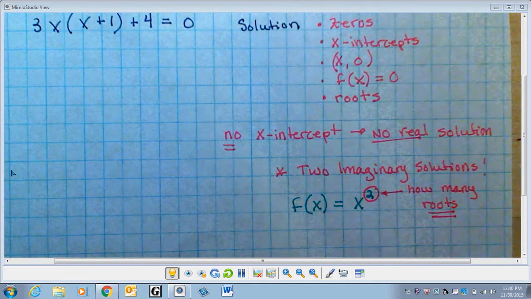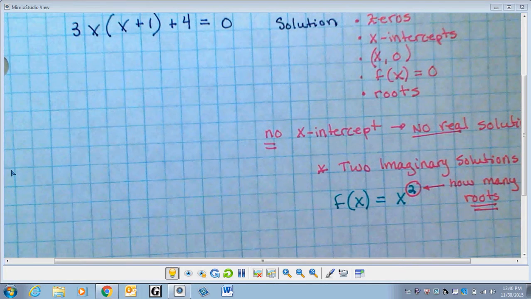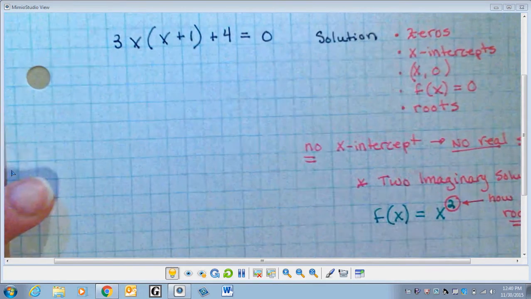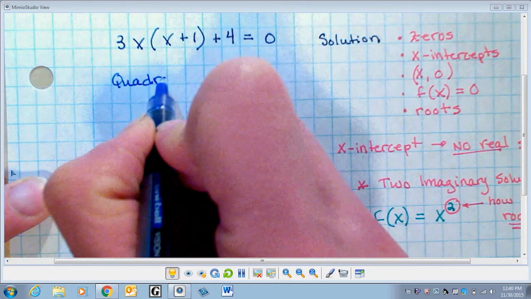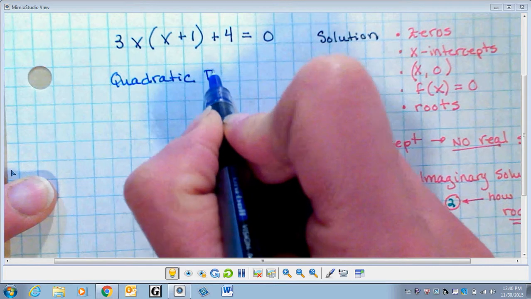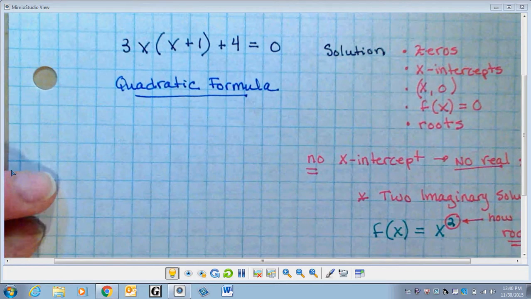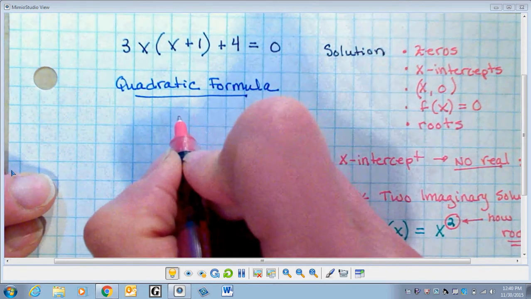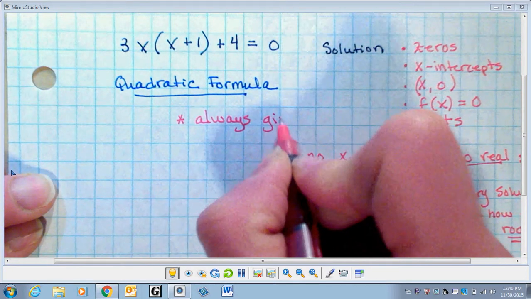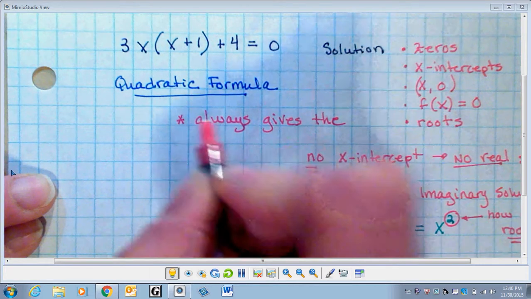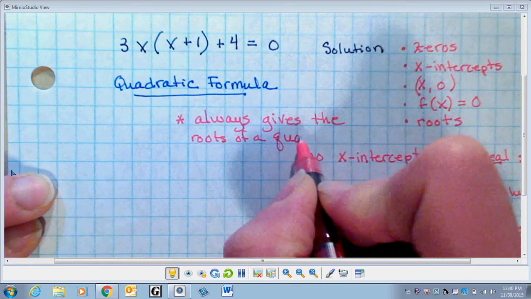So what am I going to do? I have to do math. Sorry. There's no getting around that. So I have to use the quadratic formula. The quadratic formula is a formula that always gives me the roots of a quadratic.